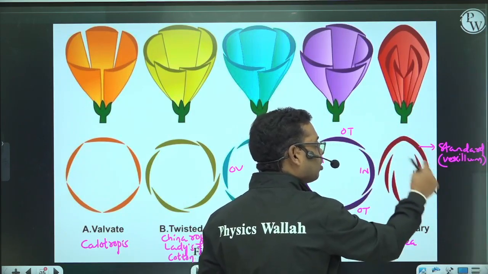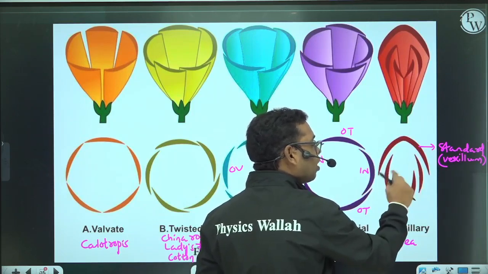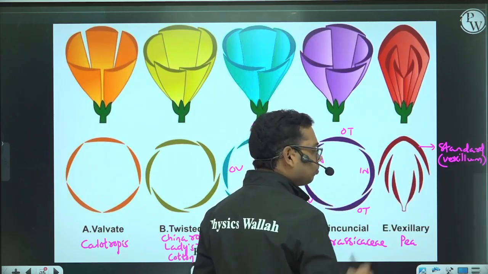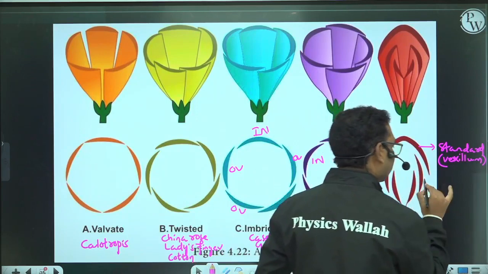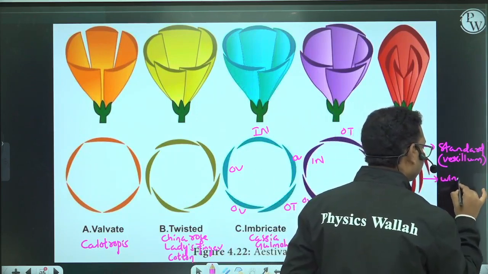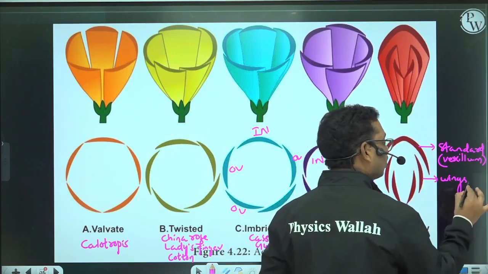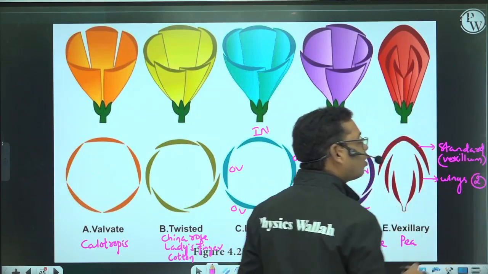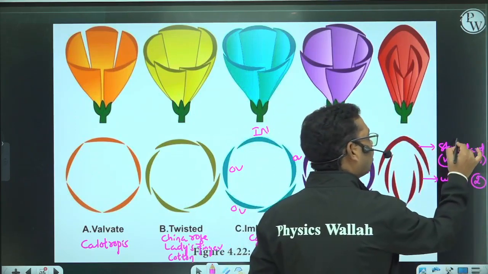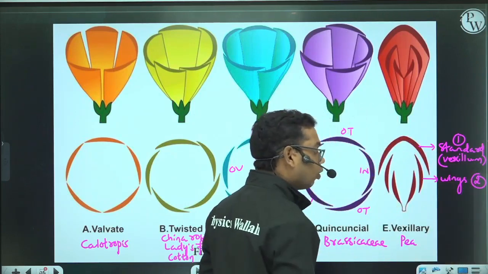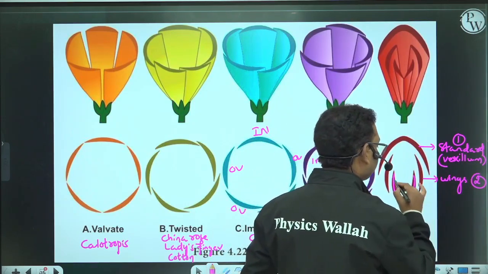This vexillum is covering the two lateral smaller petals, and these petals are called wings. What do we call them? Wings. And what is the number of wings? The number of wings is 2, and they are free. What about the number of standard? One standard is present.